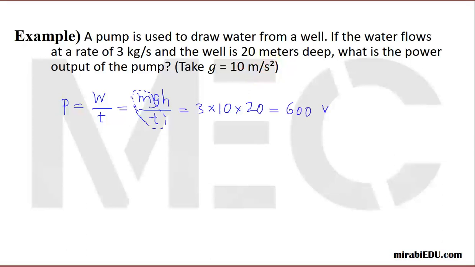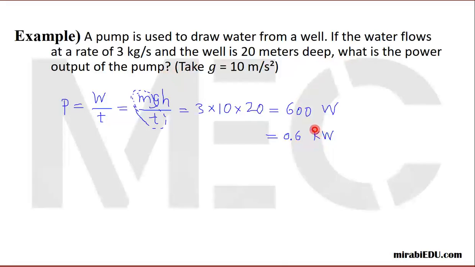The unit is watt for sure. Or I can express it in terms of kilowatts, for example, 0.6 kilowatts. I divided this by 1000, I got 0.6 kilowatts. What is the power output of the pump? 0.6 kilowatts. But the pump uses electrical energy.